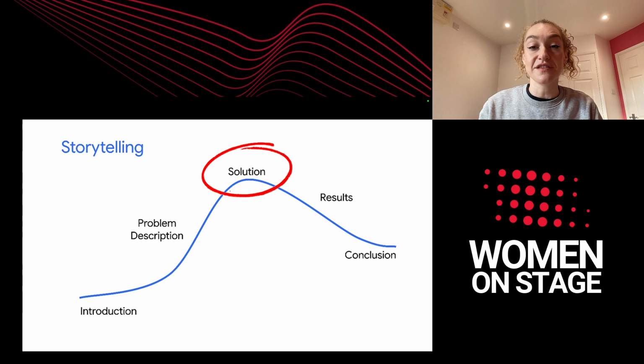Now, this is often where I say technical talks could fall down, because as techies, we want to showcase our code and the way that we've architected or developed something, whatever it is. But we need to really remember, you are not just there to say, look how amazing I am, I've developed this cool application.